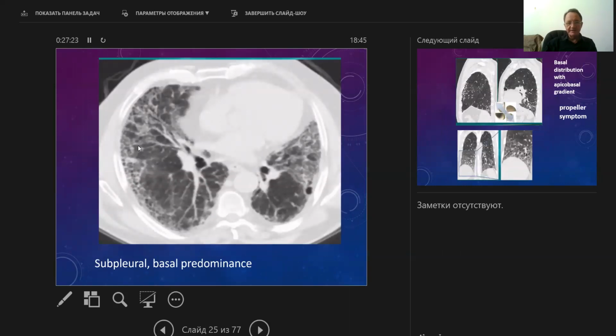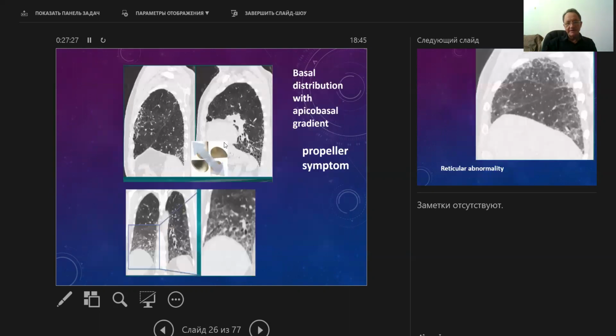In this slide, you can see subpleural and basal predominance of the reticular changes. And you can also see the cross section of the bronchi, which practically reach from the root of the lung to the pleura.